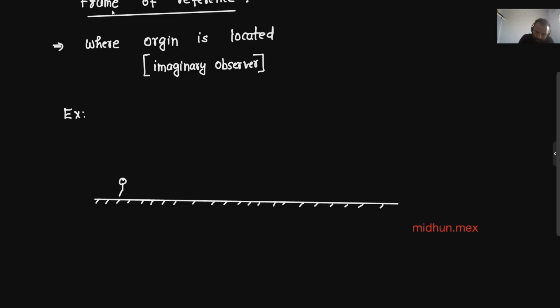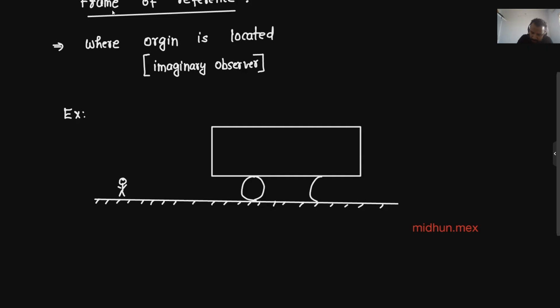Let us say here one person standing. And there is a bus. Let us think about one bus like this, and the bus is moving away with some speed.